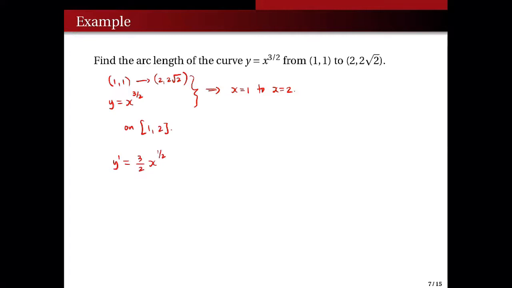And this one is continuous on the interval 0 to plus infinity. Therefore, y equals x raised to 3 halves is smooth on the interval 1 to 2.